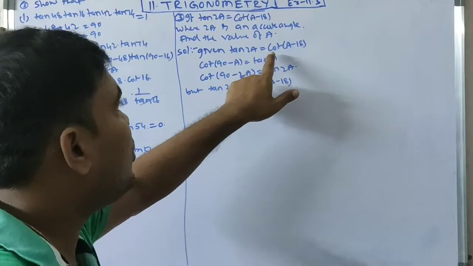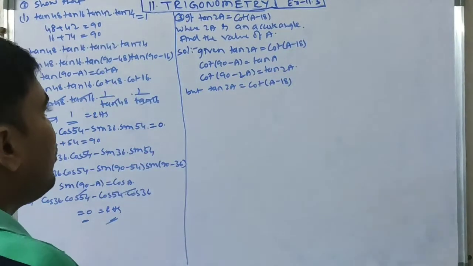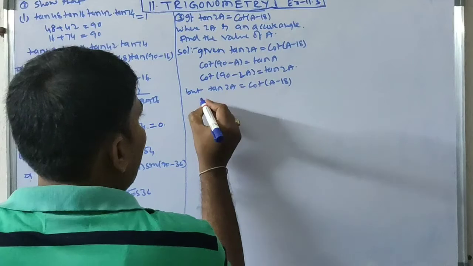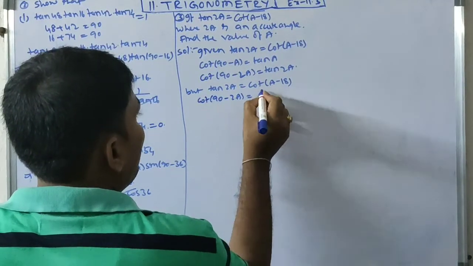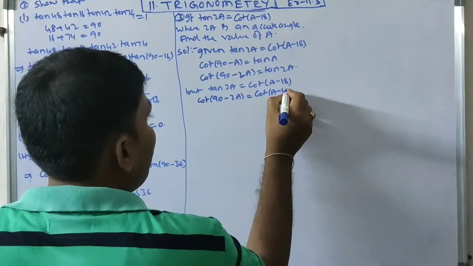But tan 2A equals cot of (A minus 18). So cot of (90 minus 2A) is equal to cot of (A minus 18).